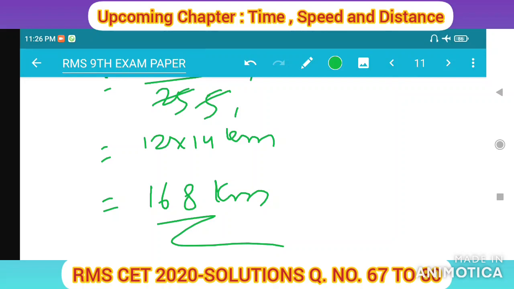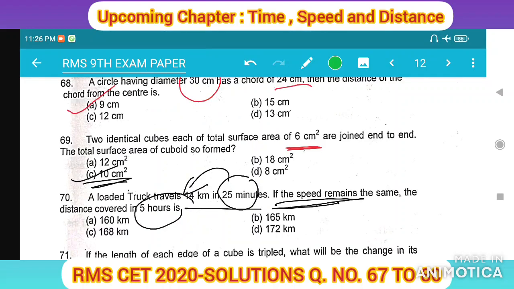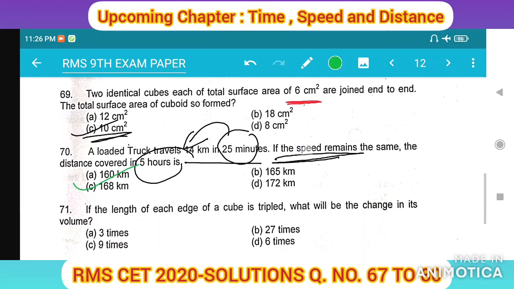Next. Question 160. If the length of each edge of a cube is tripled, what will be the change in its volume? So easy. If the length of each edge of a cube is tripled, that means the length is 3 times.